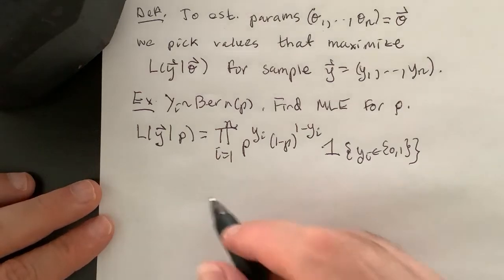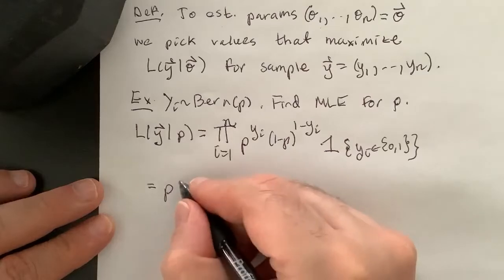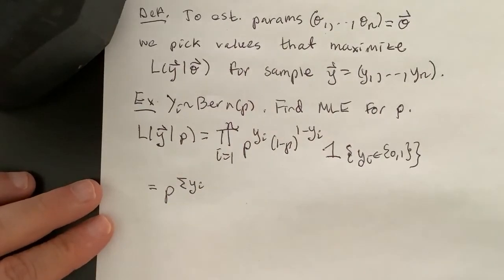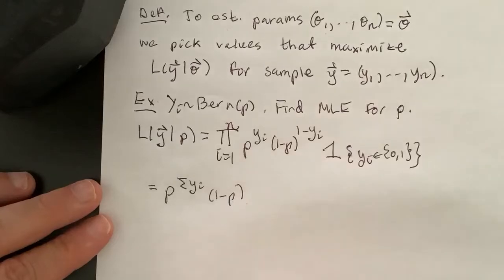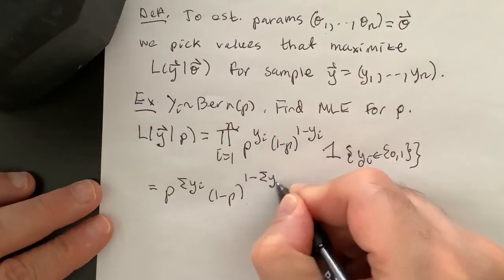Taking the product of that, this is equal to p to the sum yi, and I will drop the n and the 1 there, and I have 1 minus p to the n minus the sum yi.